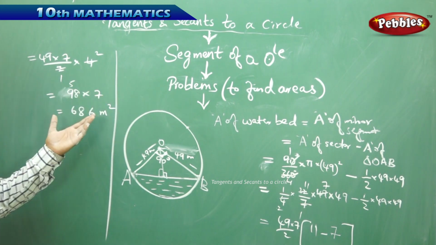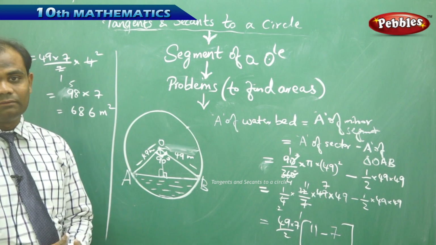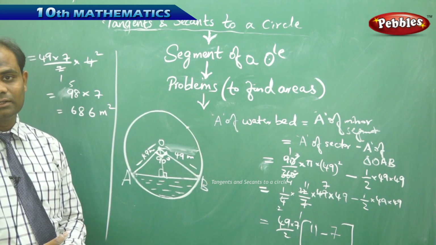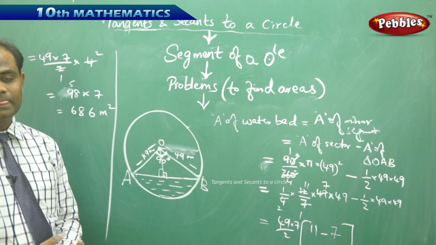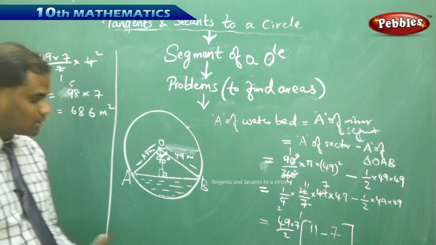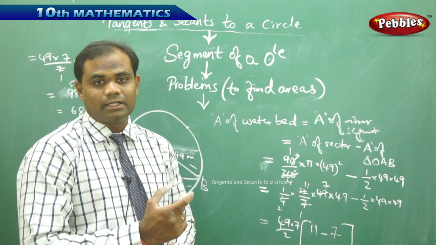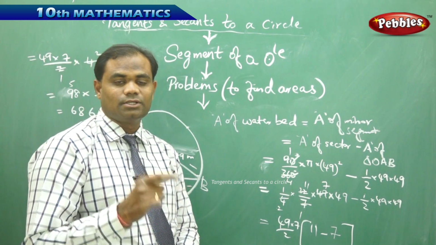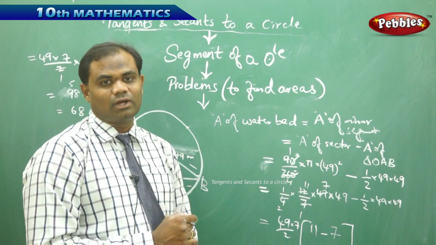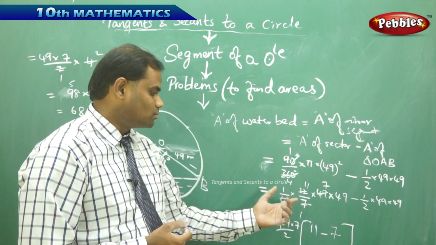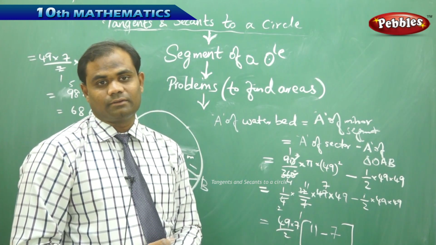So this is the area of the waterbed covered by the entire circular park. It is very important to note that I have taken pi as 22 by 7, but until and unless the problem says use pi as 3.14 or so, you have to use pi as 22 over 7.